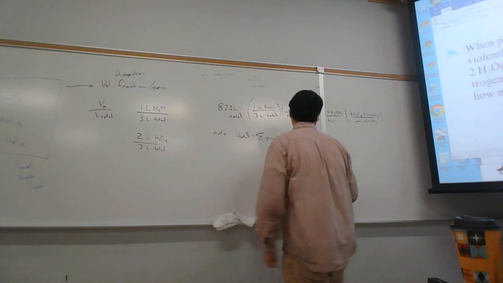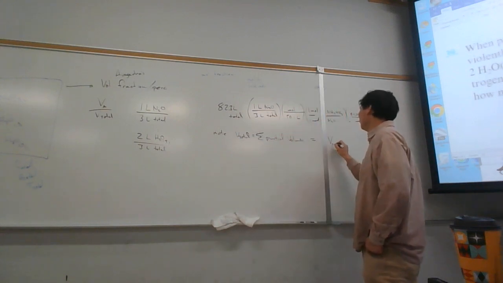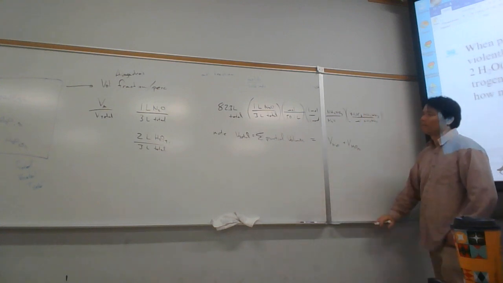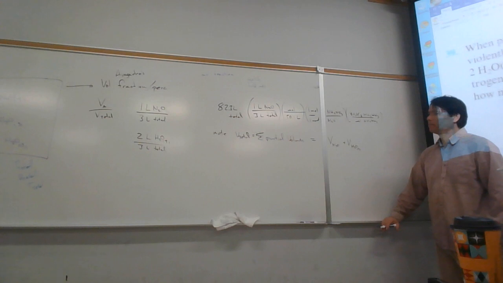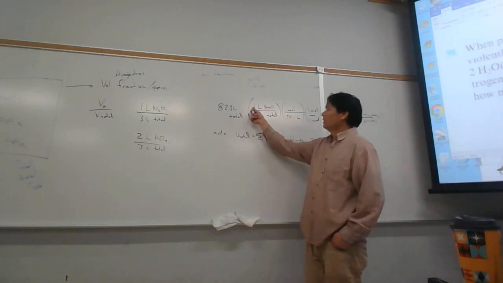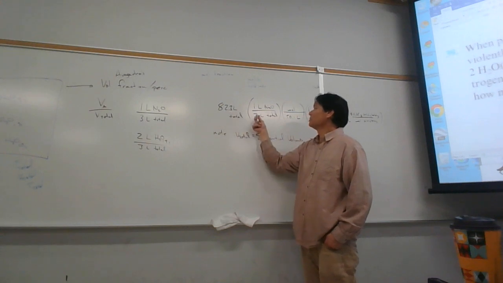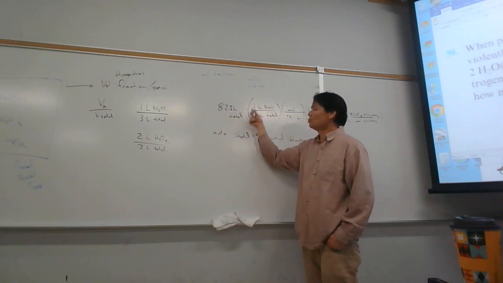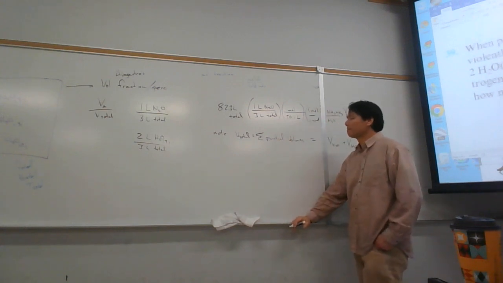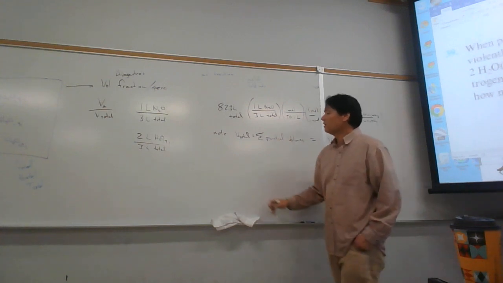The sum of the partial volumes is going to equal the volume of the nitrous oxide plus the volume of the water vapor. One-third of the total volume is going to be occupied by the nitrous oxide. 2/3 of the total volume will be occupied by the water vapor. And so the volumes are additive.